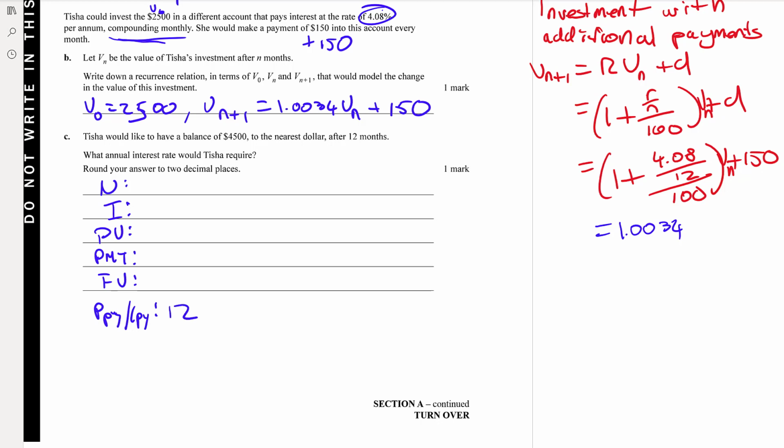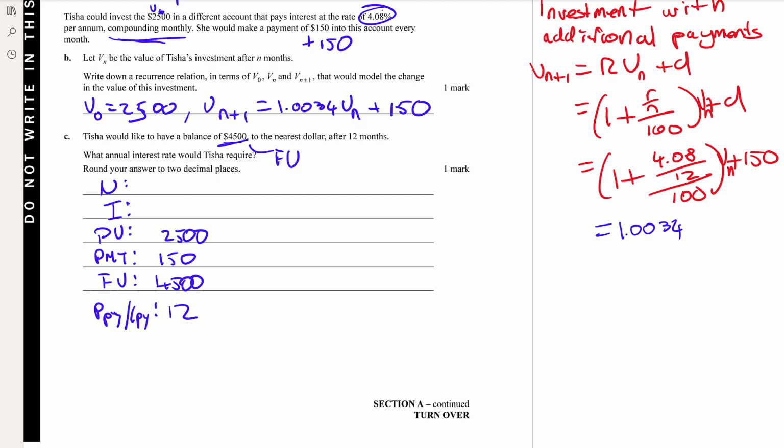This is going to be 12. So we've said she wants to have a balance of 4.5. That's FV. So that becomes 4,500. We're going to have payments 150. We're going to have principal value. That's 2.5. That's your V0.